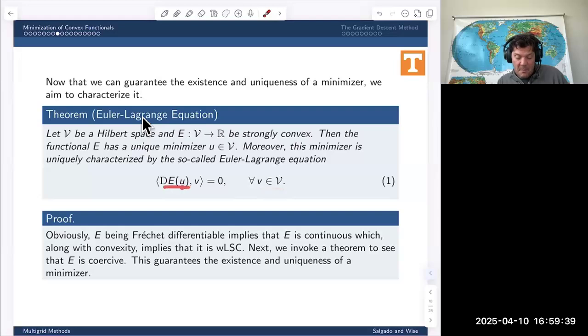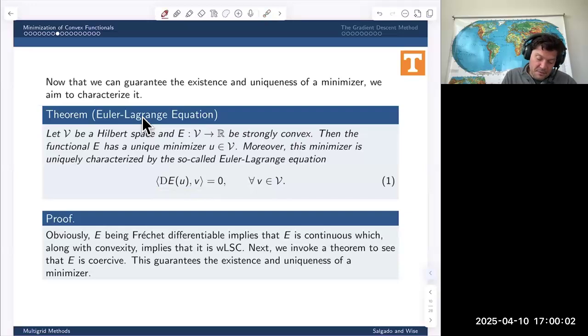Remember, the derivative of a nonlinear functional, when I evaluate it at U, is a bounded linear functional. And so the only way it can make sense is if I pair it with something from the space. So this is from the dual space, and this gets paired with something from the space. And when I pair them together, it gives a number.